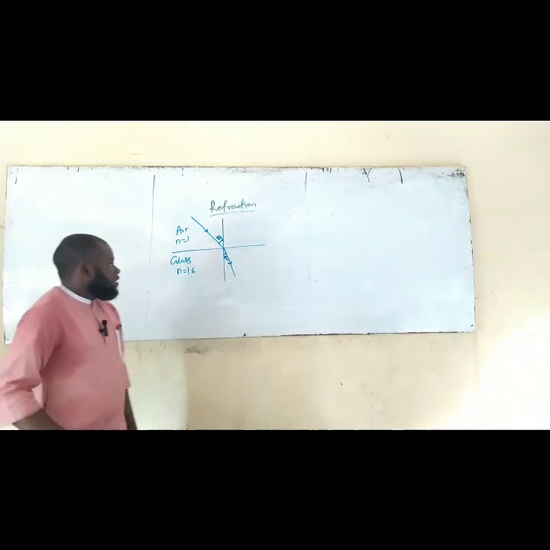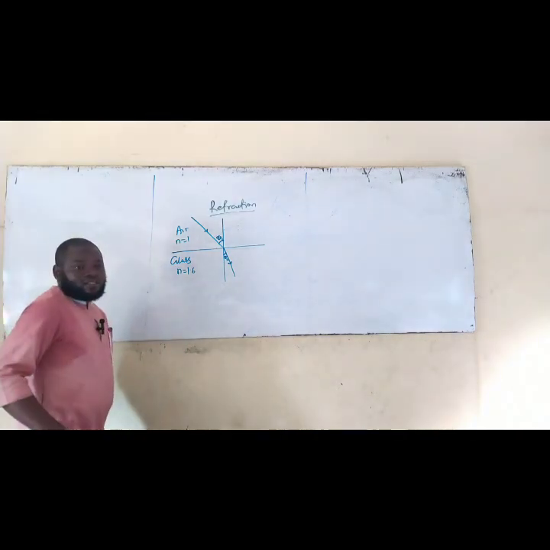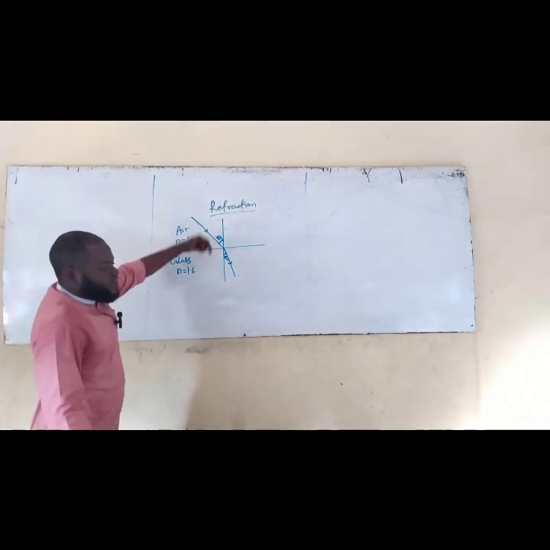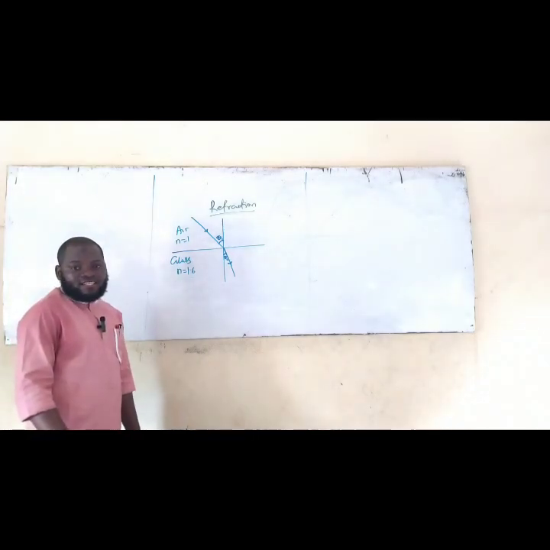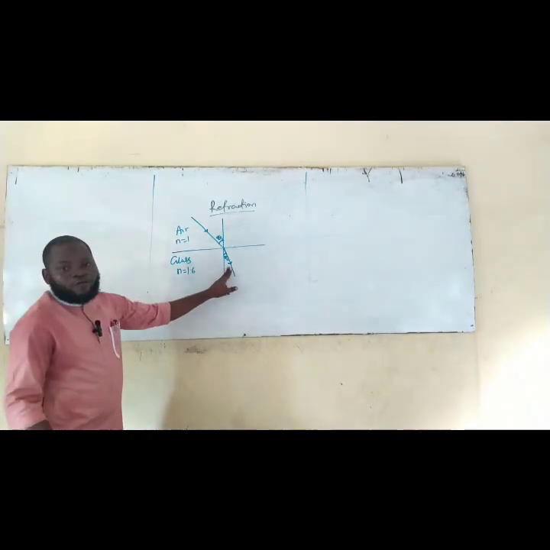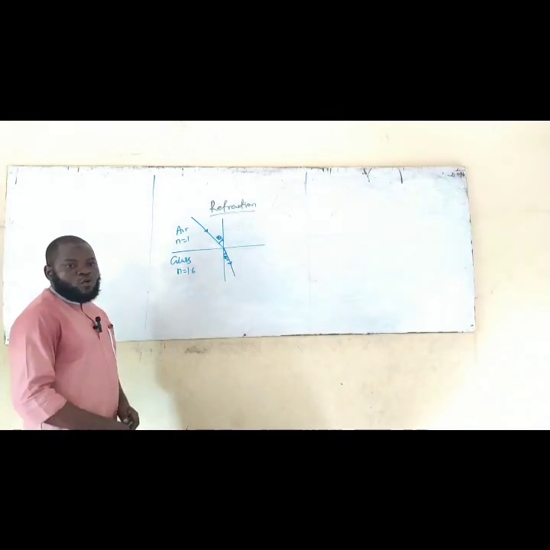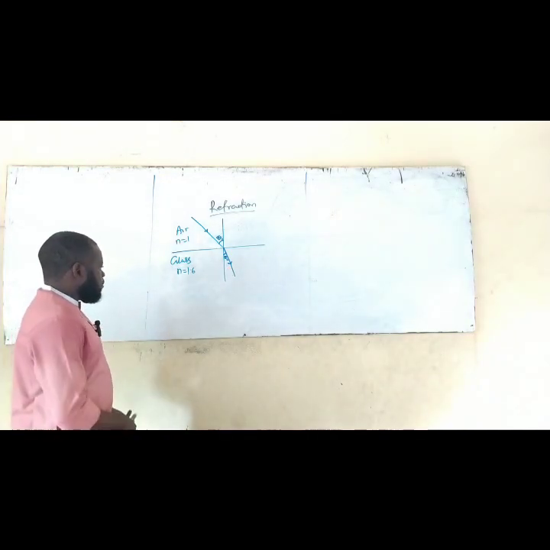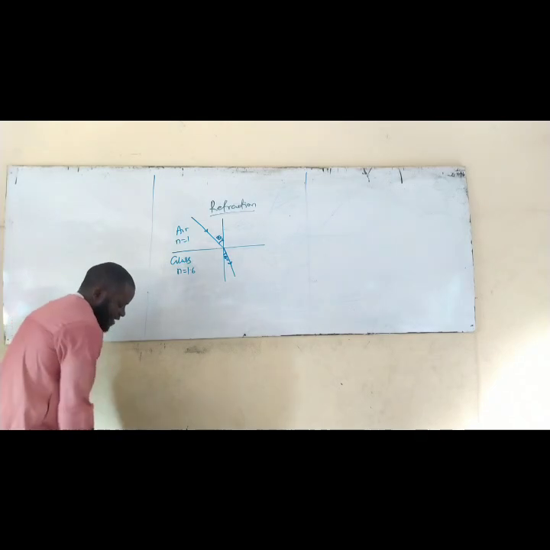Clear? Okay. Now let's take for instance that we know the angle of incidence. Are you seeing it now? And we want to find the angle of refraction. How do we go about that? It's very simple. We go back to Snell's law again.